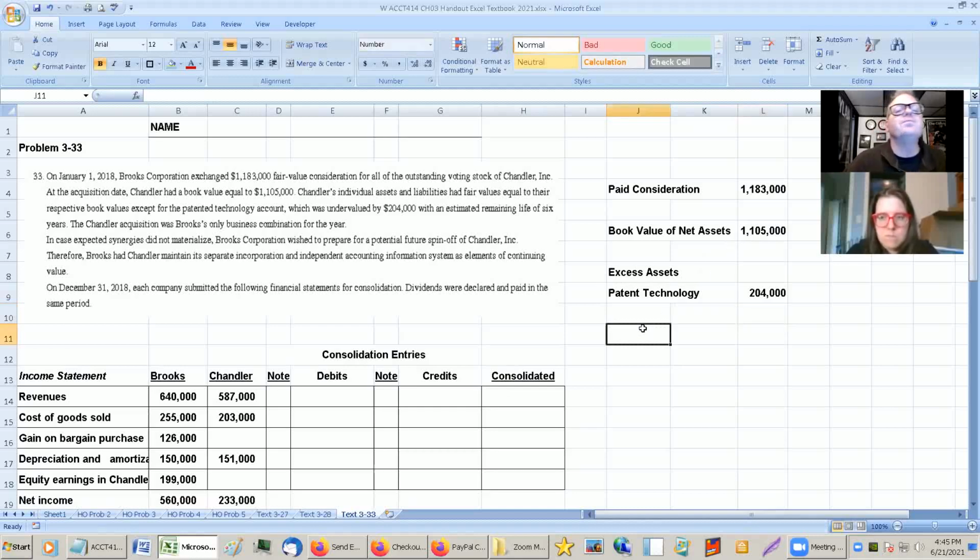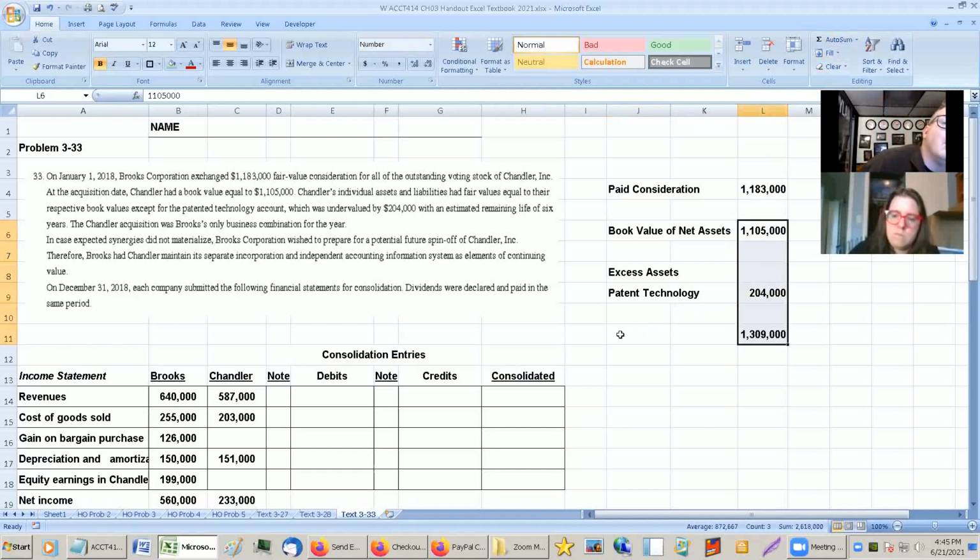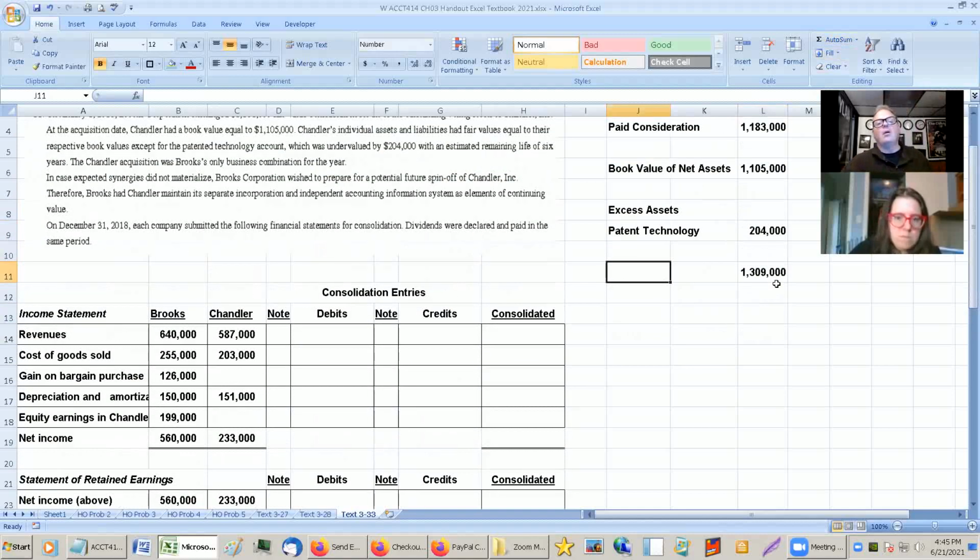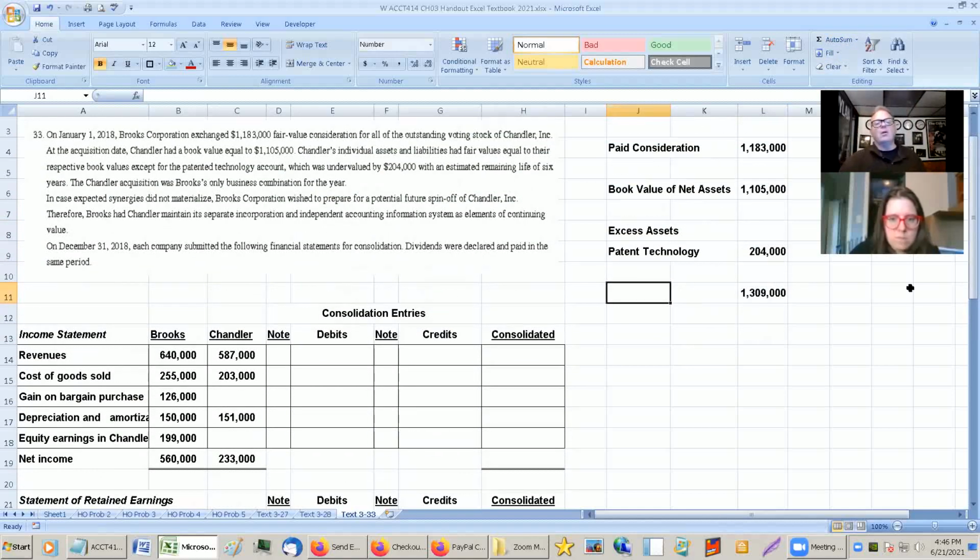Okay, so the net identifiable assets was 309.